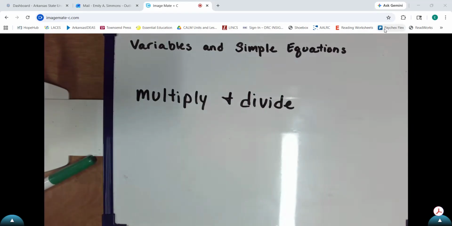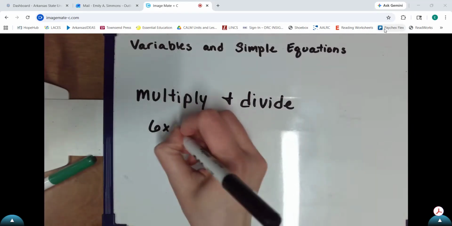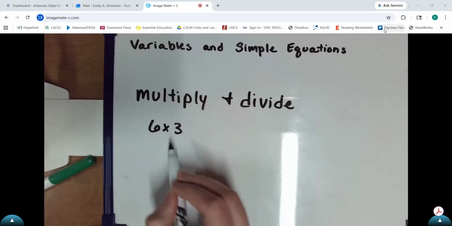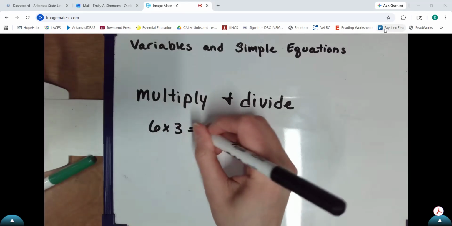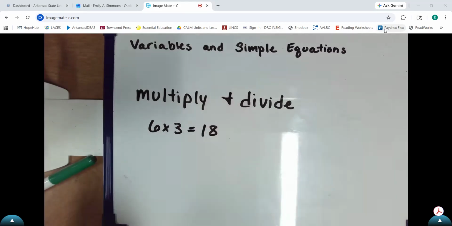So multiplying is I'm taking one number and then I've got so many groups of that number to get a total. So I could say 6 times 3, I have 3 groups of 6 things, and I have 18 things total. Dividing does the opposite.